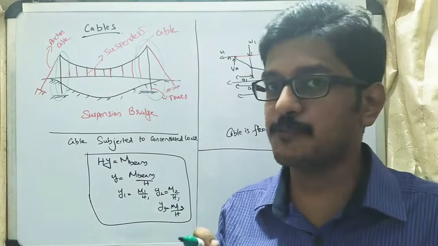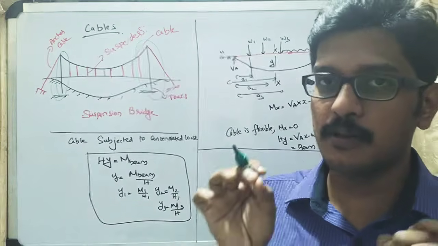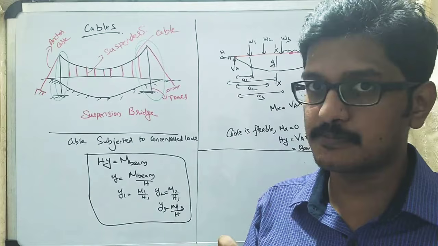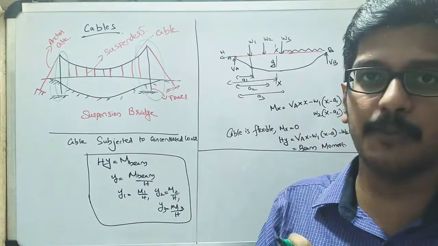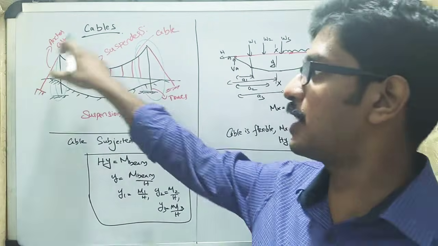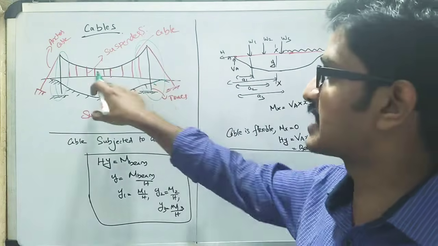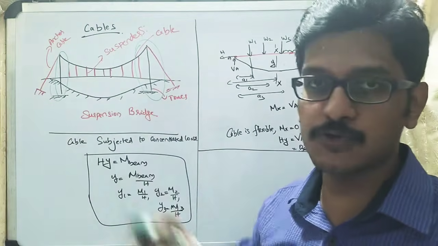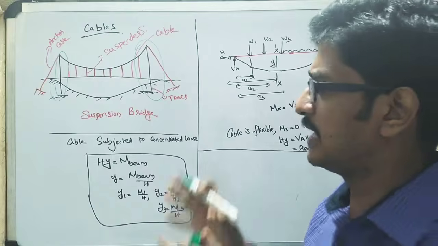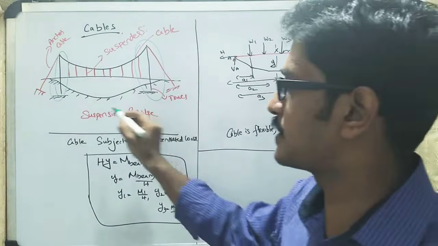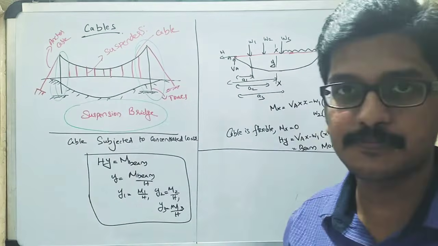To hold up a suspension bridge, the cable plays an important role, to hold those suspenders and also these towers. This is just an example. Details regarding the suspension bridge we will discuss later.